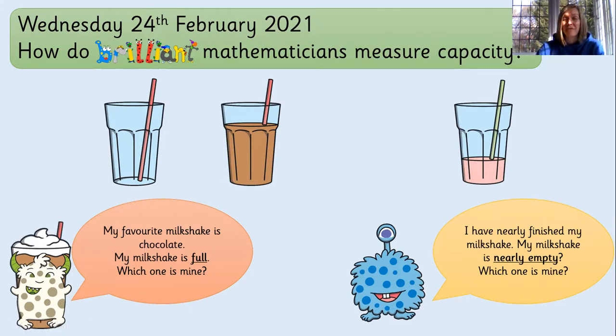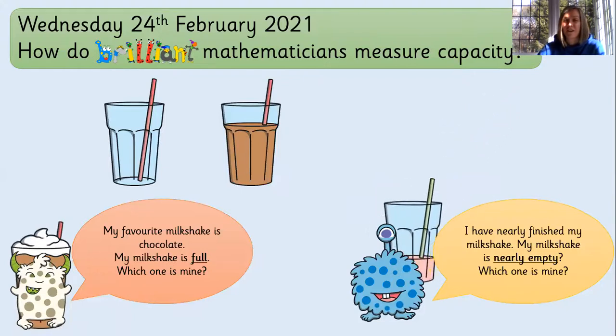He's nearly finished it, which means the capacity of his milkshake is nearly empty. Can you point to the milkshake that you think belongs to our blue spotty monster? Let's have a look. He's nearly finished that strawberry milkshake. Well done if you pointed to the right glass there.